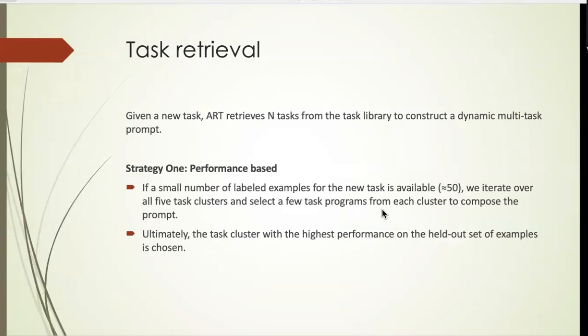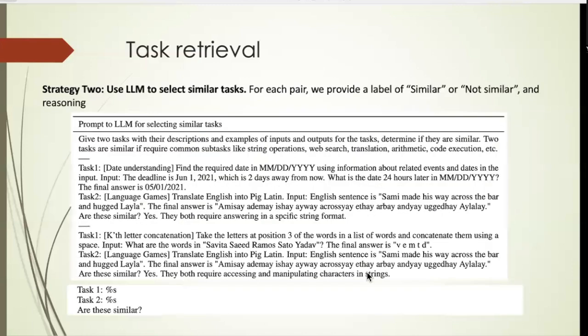And then they see which cluster, which skills, are most needed for the new task. So the task cluster with the highest performance is chosen, and then they use the demonstrations from that task cluster as the in-context examples to the LM.